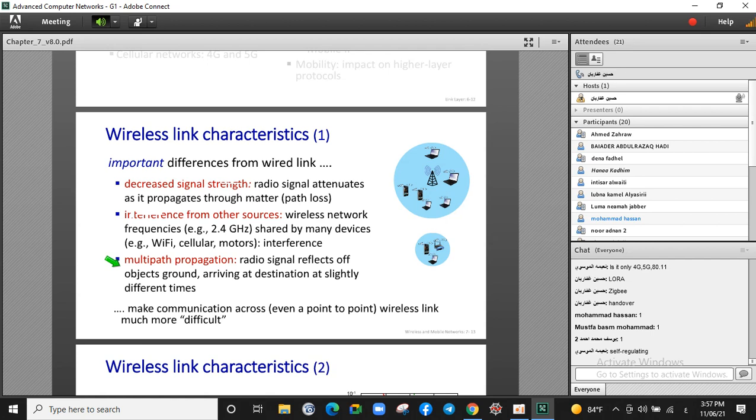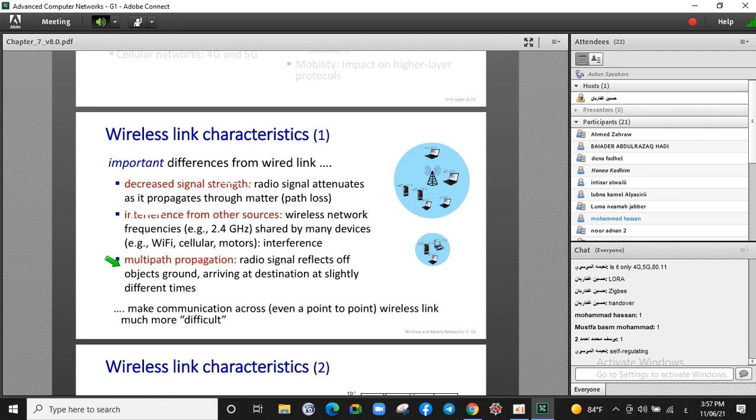I can say that making a communication across a wireless link is much more difficult than making a communication across a wired link. They are completely different, because I cannot control the wireless area.